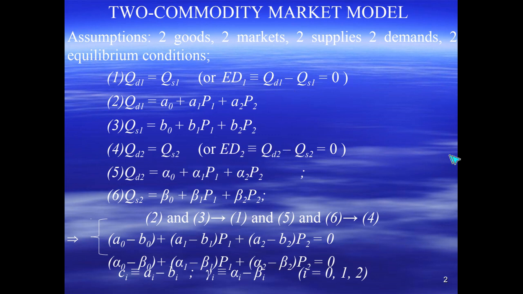Replacing these and taking all the variables on the left-hand side and letting the right-hand side be 0, and just grouping the variables accordingly, we obtain these two equations. Here some symbols are mixed up, but in the presentation it's not like this.